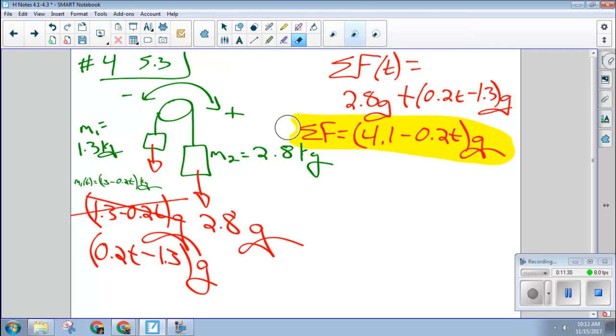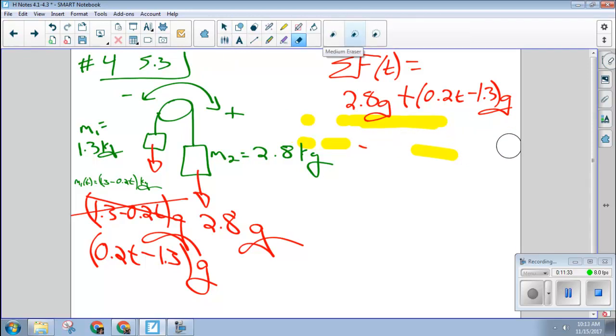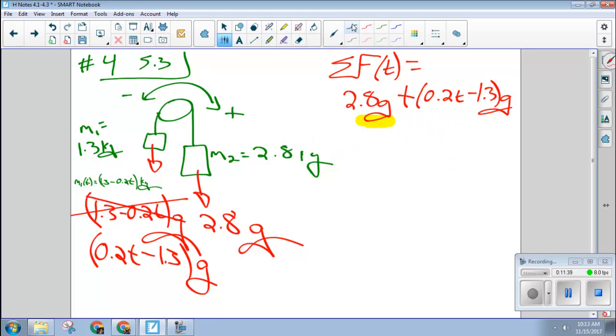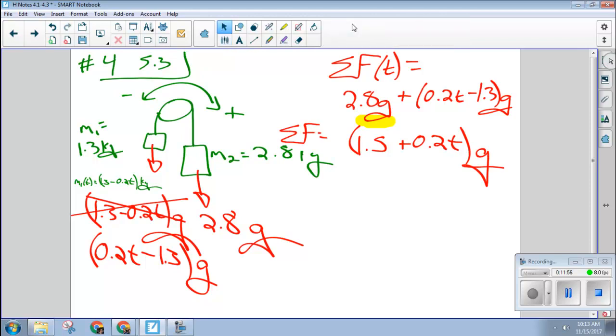Let me rewind. So it ends up giving you 2.8 minus 1.3, which is 1.5, plus 0.2t, times g. There we go. Sorry about that. I will re-highlight that in a new color.